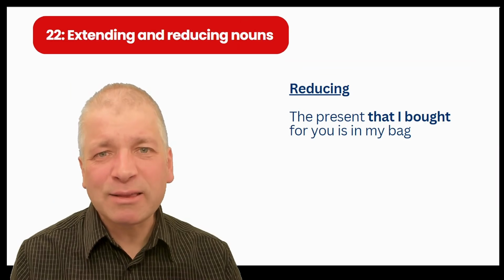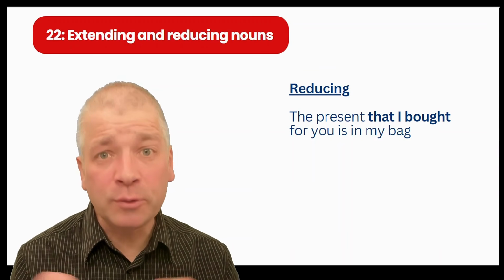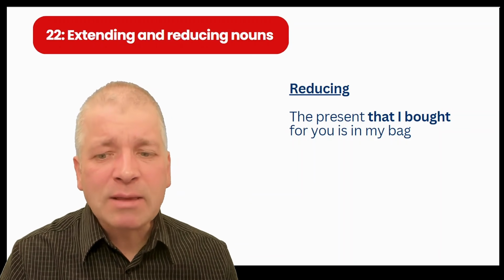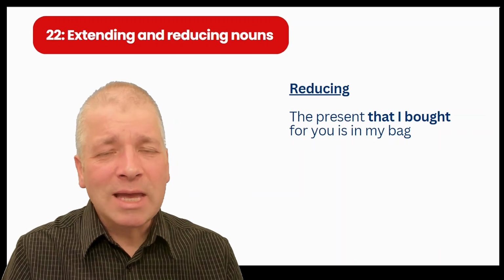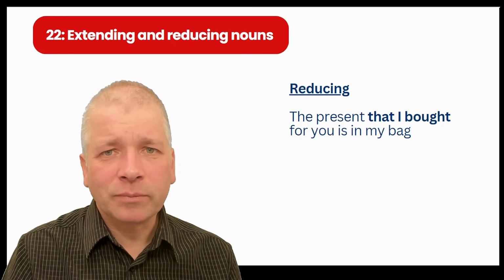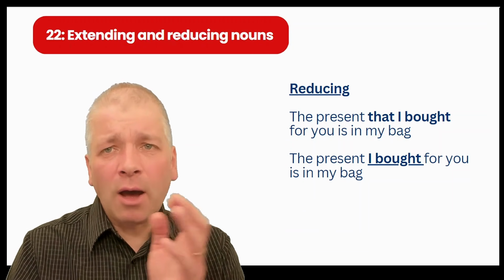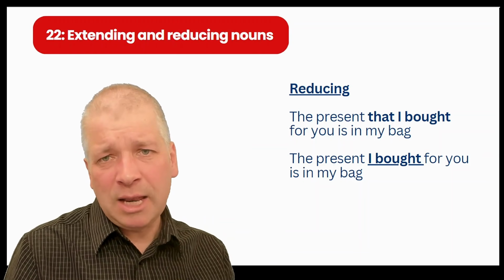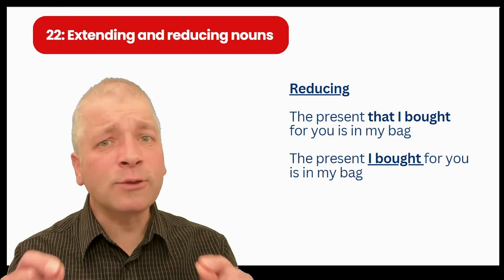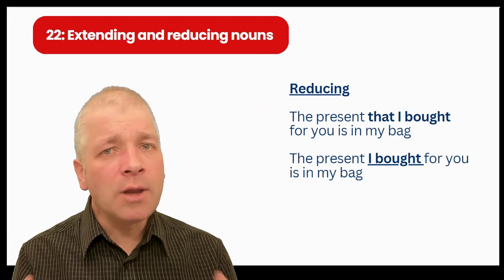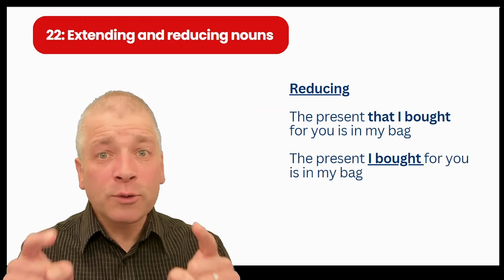As well as extending nouns, we can also reduce them. Look at the example here. The present that I bought for you is in my bag. But we can also reduce it as follows. The present I bought for you is in my bag. Here we've lost the word "that." Can we do this every time? No. But with certain rules you can.